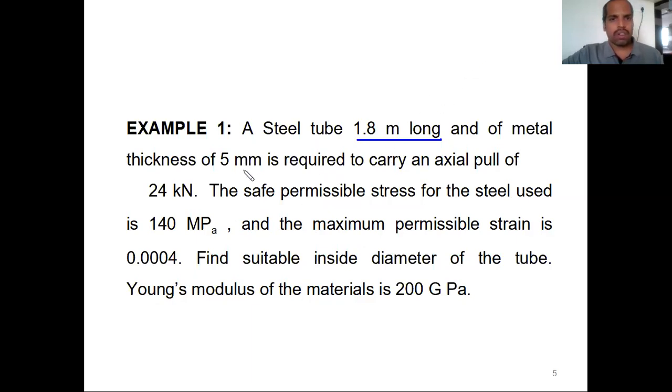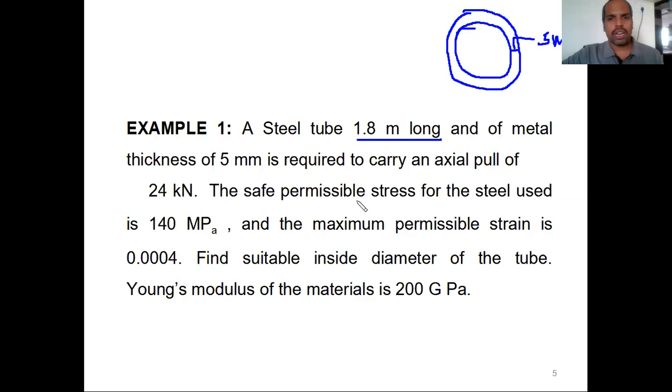What is meant by a tube? It is nothing but a hollow circular section, just like this. This is a hollow circular section, and the thickness given is 5 mm.